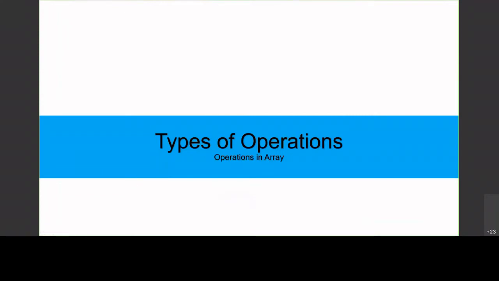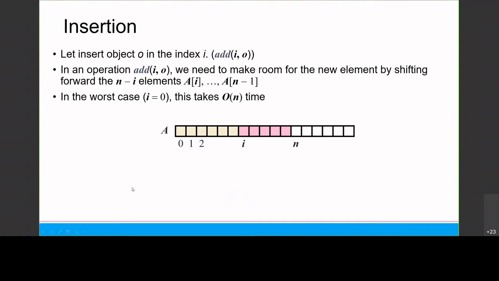In the array, there are some operations, and I think this kind of operation will be the same with all kinds of data structures. The first is insertion. So in every data structure, you need to understand how to insert the data. In the array, we have one operation, we call it add, or it is a function.